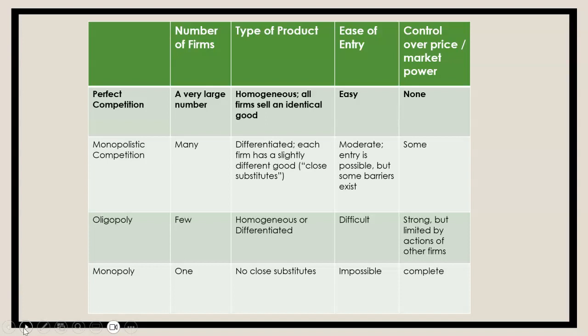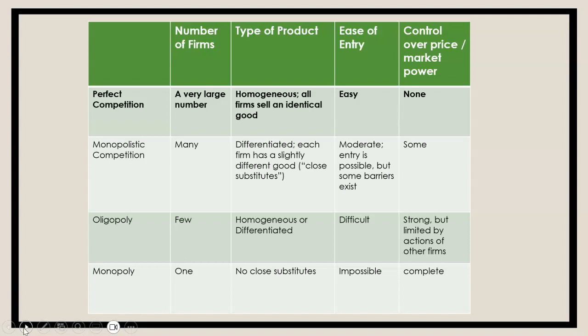Okay, so we're doing perfect competition in this lecture, where there are a large number of firms producing a homogeneous product, that is, all firms sell an identical good. And it's easy to enter. Because of those factors, the firm has no control over price.